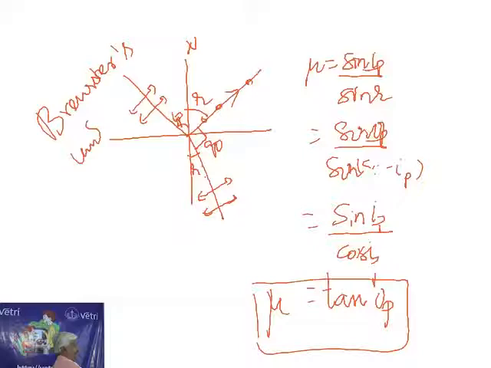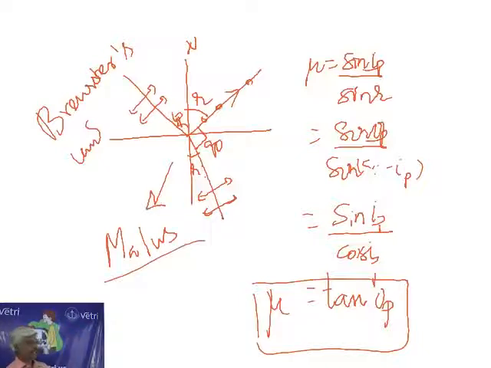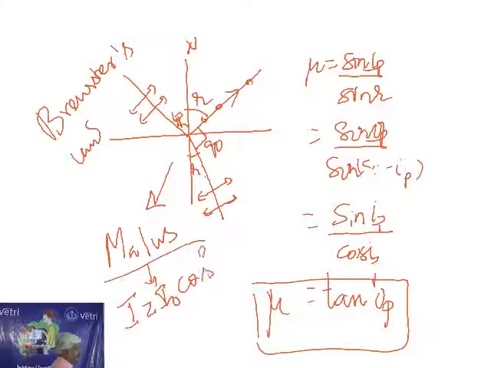But actually the polarization by reflection was given by the scientist Malus. There is no explanation about Malus law in our state board, but in the Southern board it is given. What is Malus law? Malus law states that the intensity of polarized light, I, is equal to I naught cos square theta.